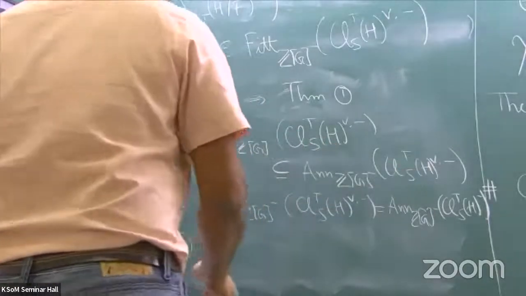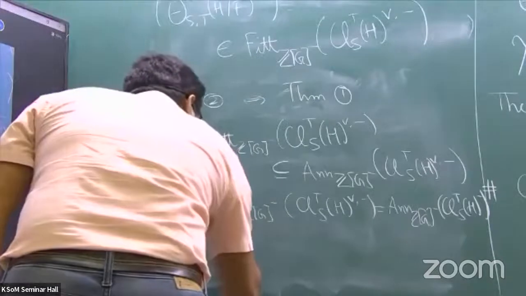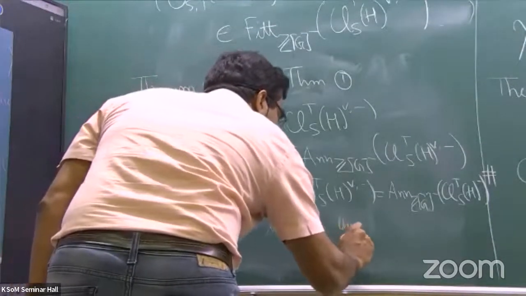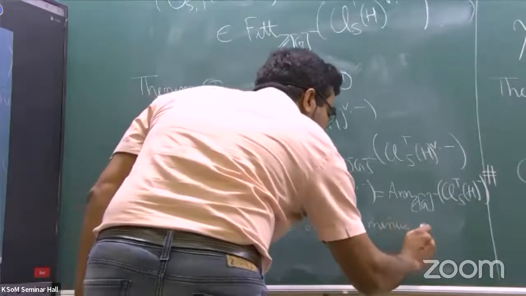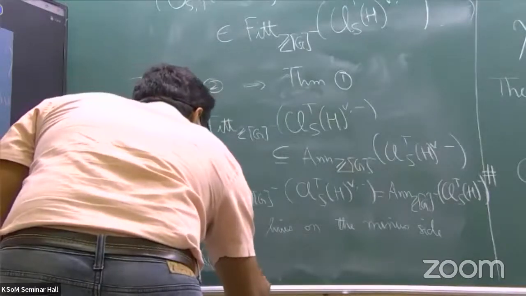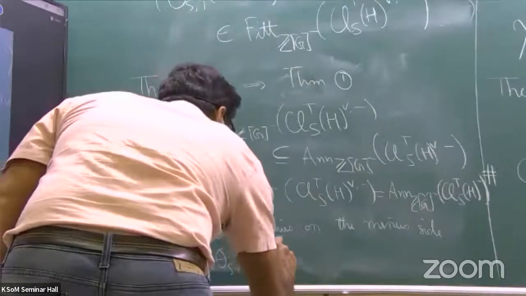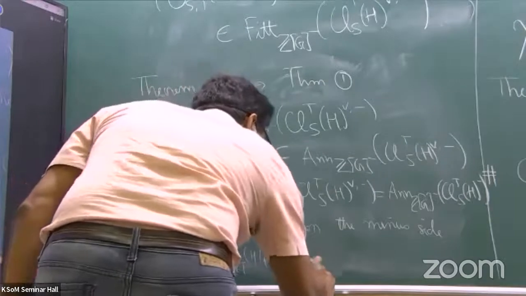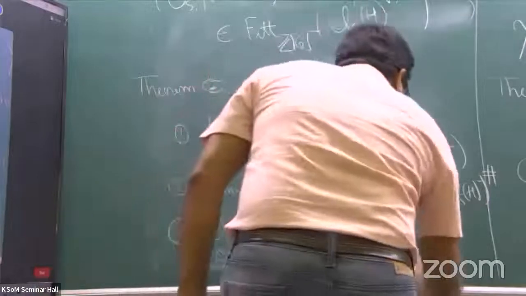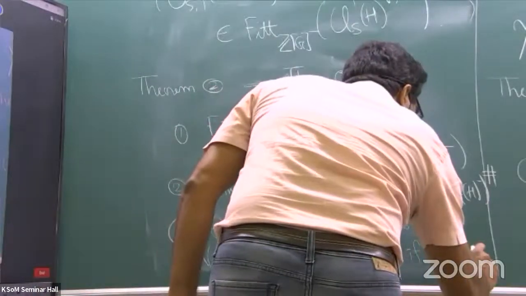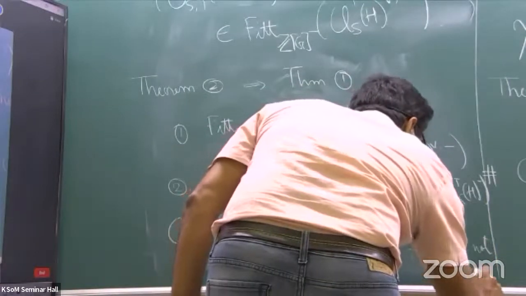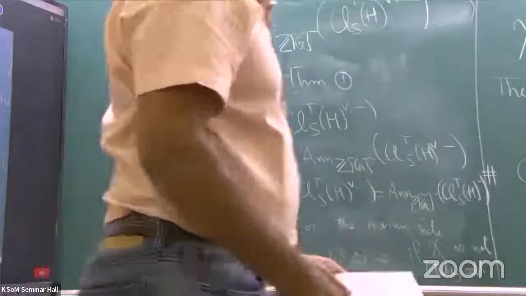And the last thing is theta S,E lives on the minus side. What this means is that theta S,H over F is equal to this L value, right? And we know that this L value is 0 if chi is not a totally odd character.